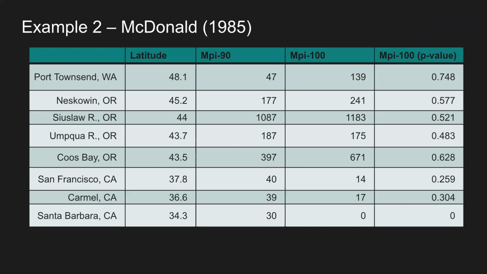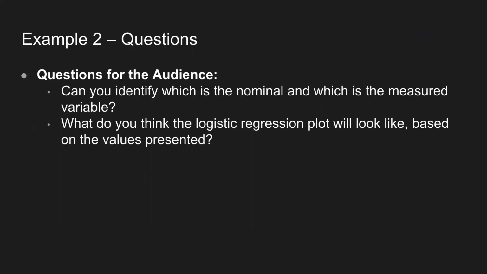This is the raw data, and you can take a look, but I'll be asking the same questions: what is the nominal variable, what's the measured variable, and what do you think the logistic regression plot would look like? Feel free to have a discussion for 10 or 30 seconds, and then I can give the answer.